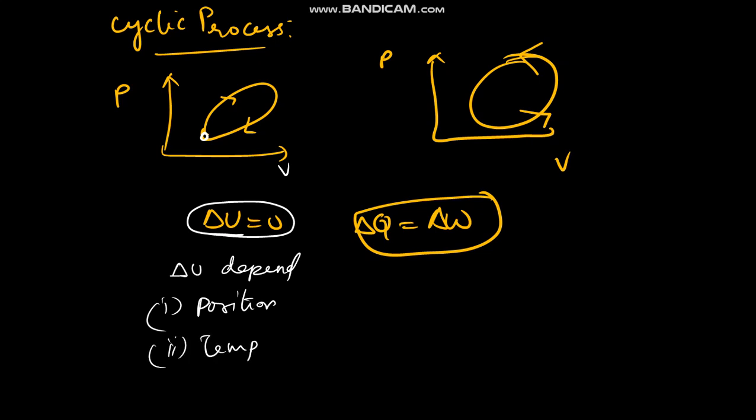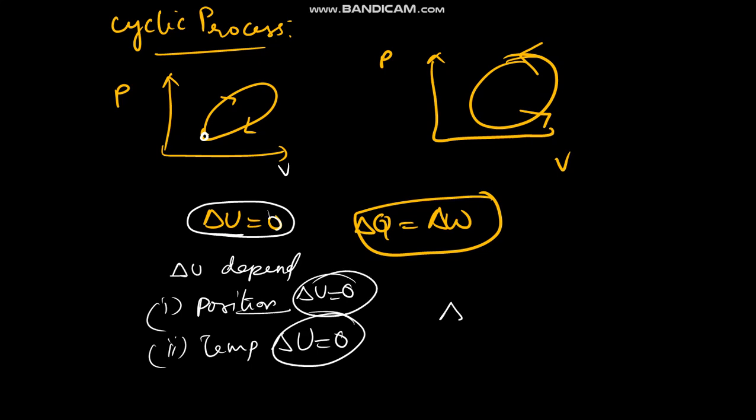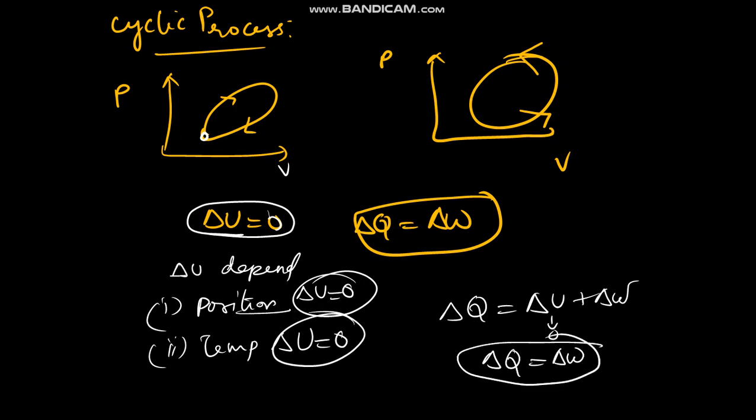If temperature is the same, as in an isothermal process, delta U is 0. If positions are changed, there is no change in internal energy, so delta U is 0. We know the first law of thermodynamics, delta Q is equal to delta U plus delta W. If delta U is 0, then change in heat is equal to work done.